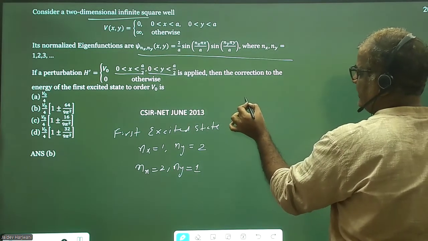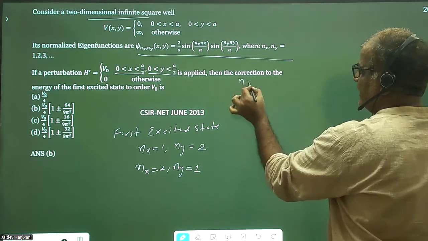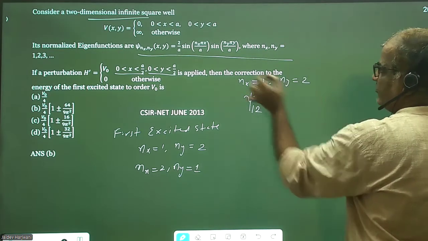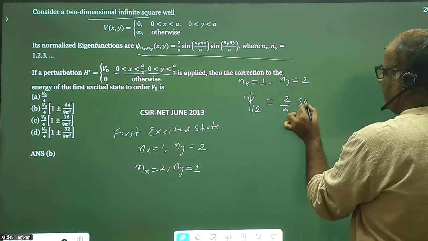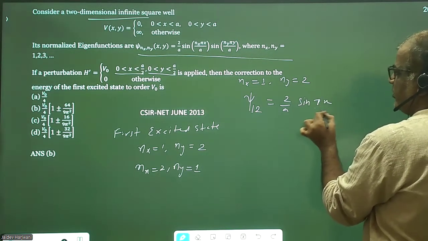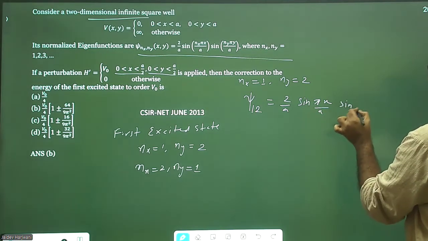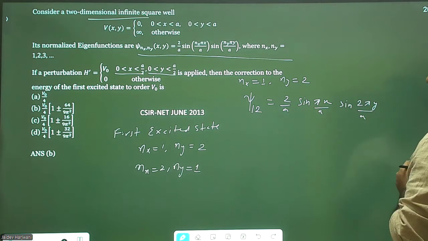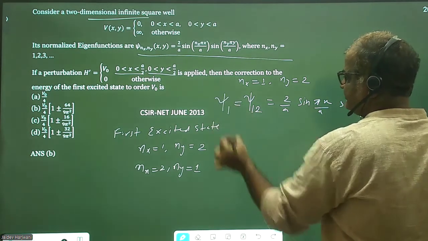So the function, I will write psi12, for nx 1 and ny 2. The wave function becomes 2 by a sine pi x upon a and sine 2 pi y upon a. Let me call this psi1.